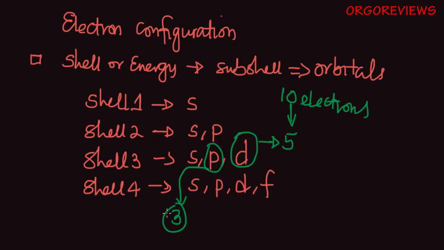And guess what? The p orbitals can take up to 6 electrons. Because the s orbital is just one orbital, it doesn't have any suborbital, you always have 2 electrons going into that particular orbital.